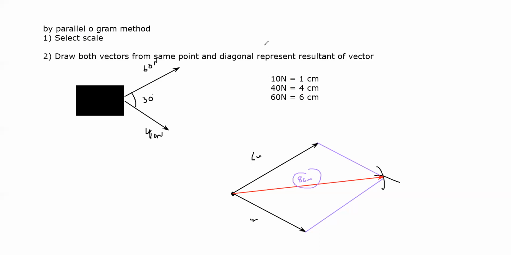And direction means the angle. You can measure the angle from the 60 Newton vector or from the 40 Newton vector, which is 4 centimeter.